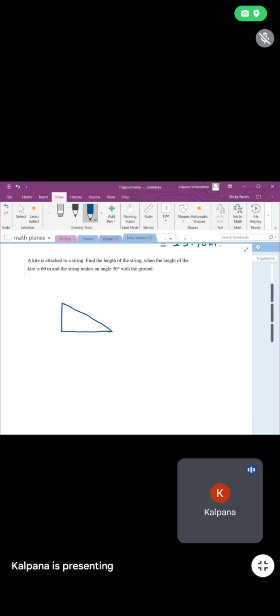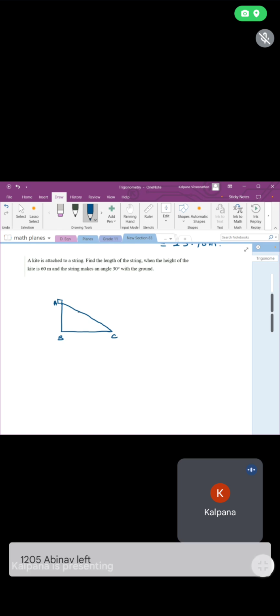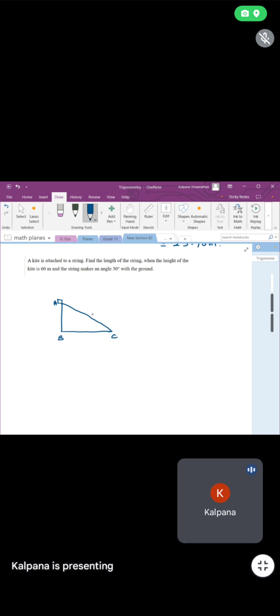Okay. So let me name it as A, B, and C. So here is the kite. A kite is attached to a string. Find the length of the string. Which will be the string, children? AB or AC? AC. Because the string will not go straight perpendicular to you.